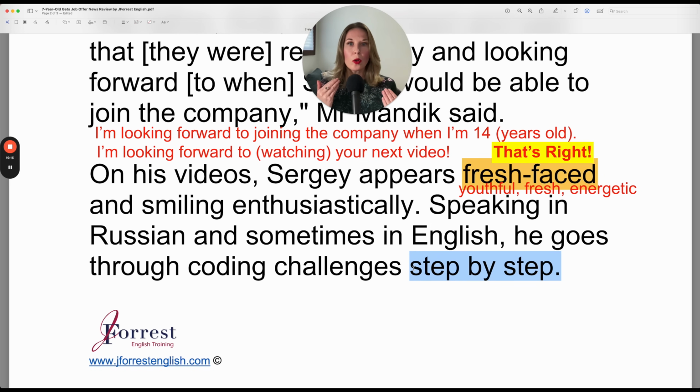This is a great binomial pair, which is two words that are joined together by a preposition. In this case, the preposition is "by." So if you do something step by step, it means gradually or incrementally. So right now we're going through this article step by step. We're going through it gradually and incrementally.